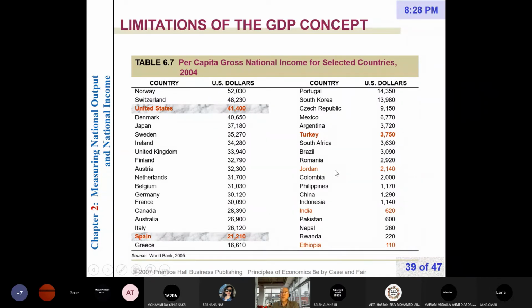In Jordan, a bit more than $2,000 per year. In India, it is much lower than $1,000. In Ethiopia, it is close to $110 per year. $110 times 3.67 means an average person in Ethiopia consumes goods and services worth around 400 dirhams per year.